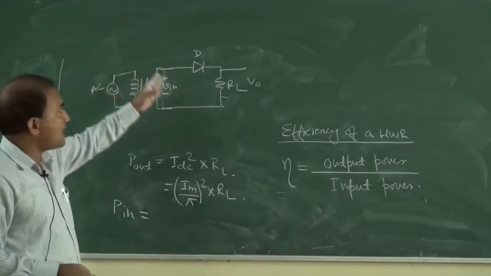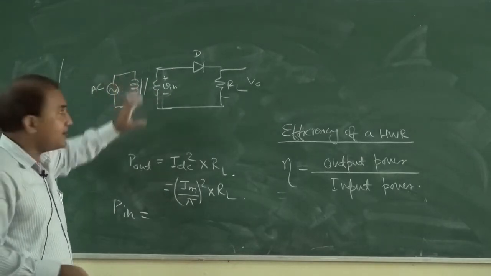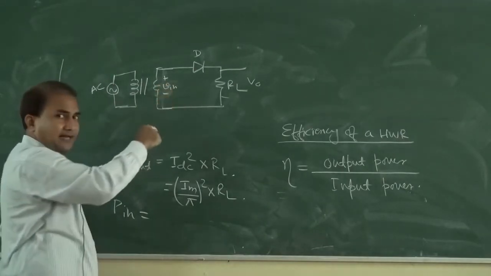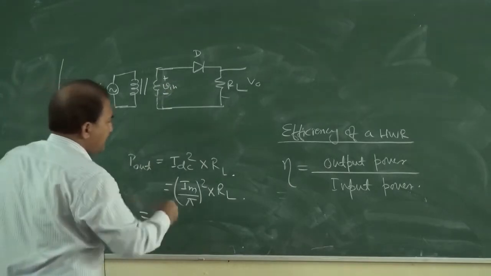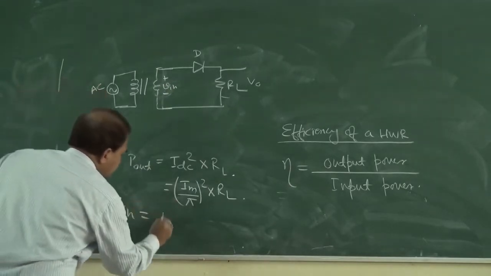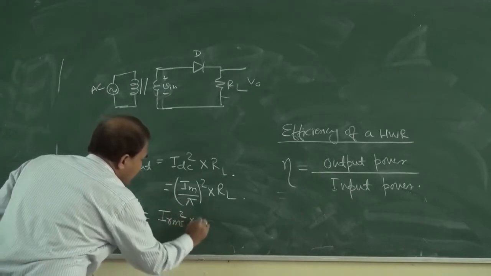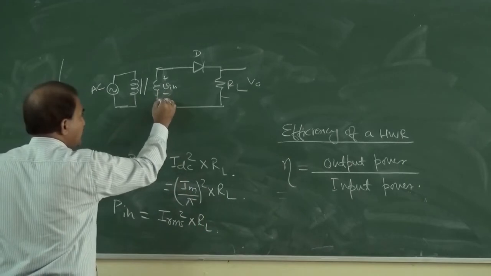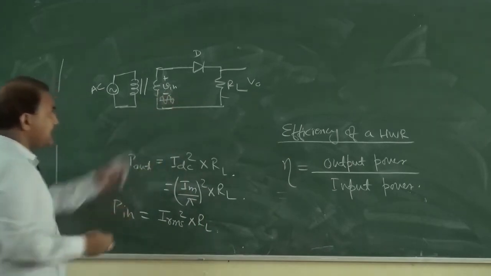We can represent a half wave rectifier by using a transformer, or directly we can give input V in of low magnitude. So P input is equal to I RMS square into RL, because here also the input is AC.